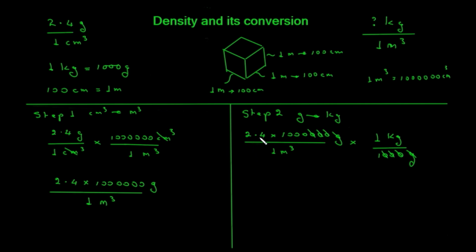So we have 2.4 times that, 1 cubic meter times 1, because those zeros have disappeared and that unit of measurement of gram has disappeared. Okay, so what we end up with here is there's our 1 cubic meter. 1 times 1 is 1. The only unit of measurement left is that.